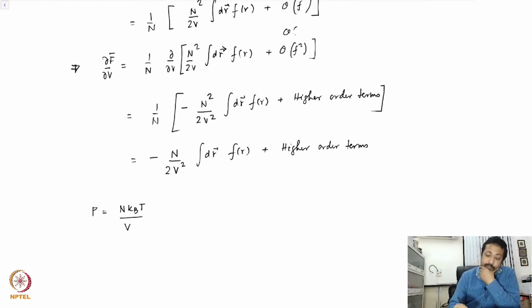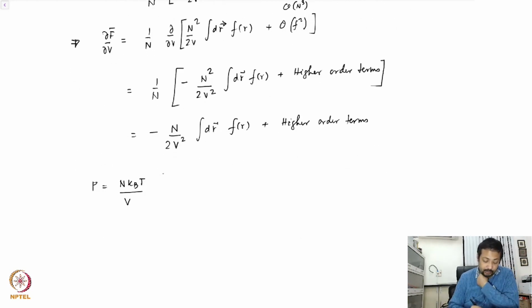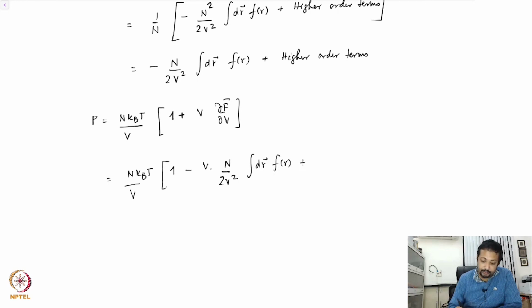So then P equals N kB T over V times 1 plus V ∂f̄/∂V, which is going to be N kB T over V times 1 minus, let's substitute, V times N/2V² ∫dr f(r) plus higher order terms.